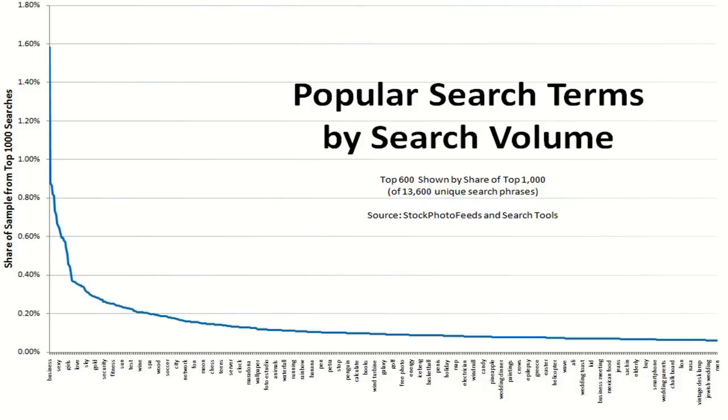So business and businessman and holiday and electrician are individually unique search phrases. But business is by far the most searched term. It's almost twice as searched as the next searched keyword, term, phrase.